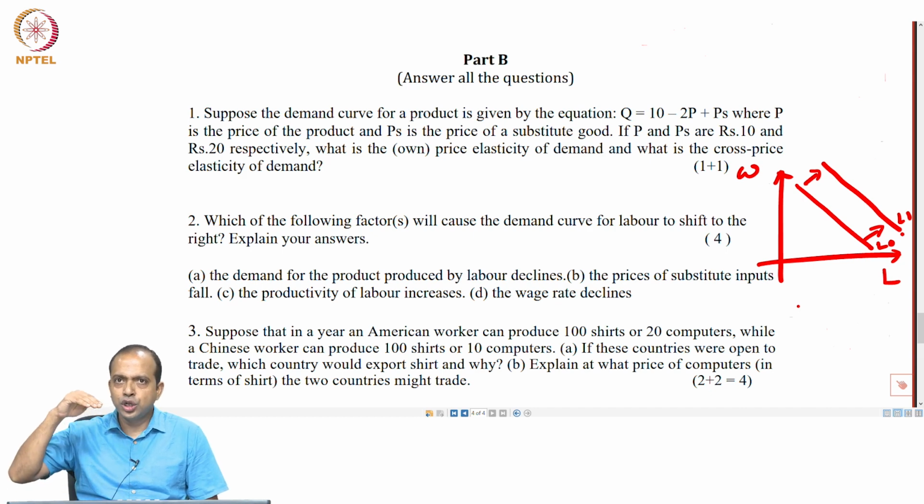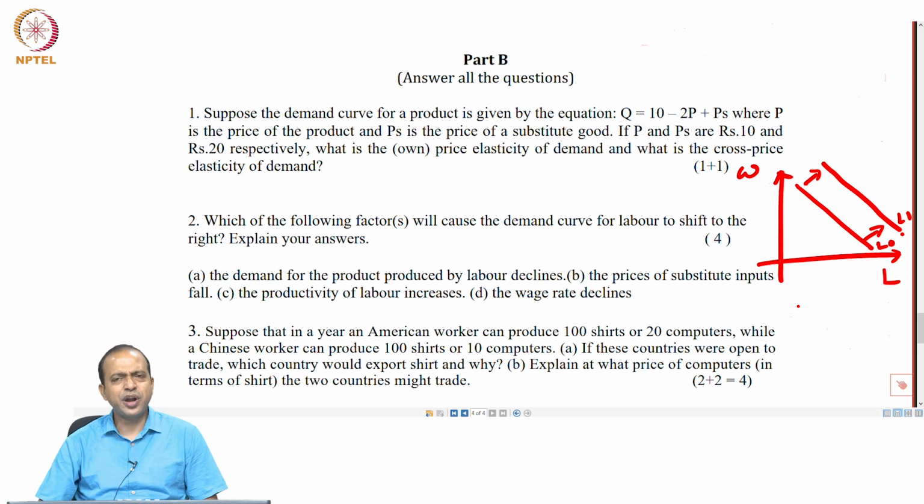So, let us say I am talking about demand for agricultural labor, particularly for wheat production. When the demand for wheat itself is reduced, the farmers obviously will produce less wheat, and less wheat will require less labor, and therefore labor demand will actually decline instead of increasing.